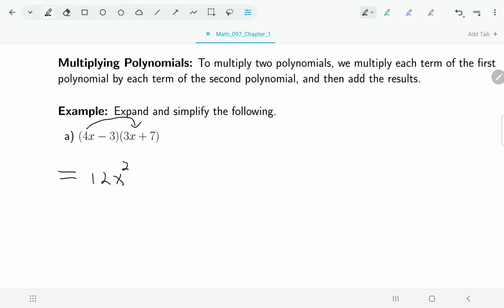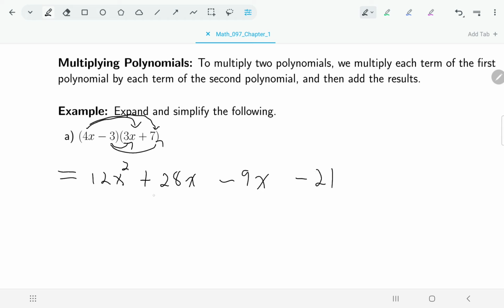And I'll continue on. 4x times 7, that would be 4 times 7, which is 28x. And now I'll do negative 3 times everybody. Negative 3 times 3x would be minus 9x. And negative 3 times 7 would be negative 21.